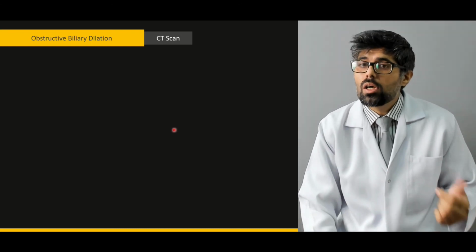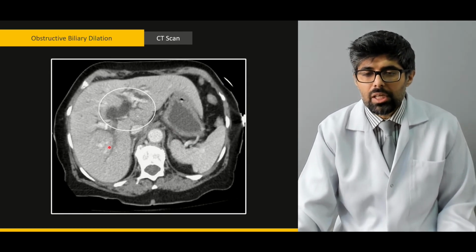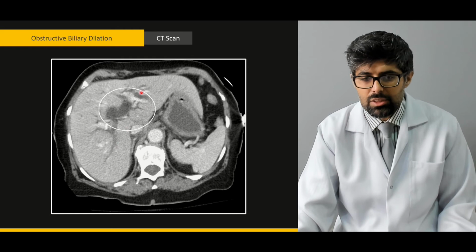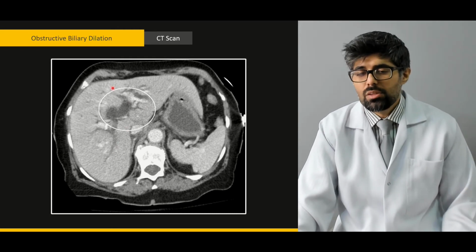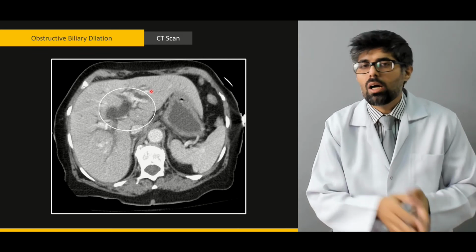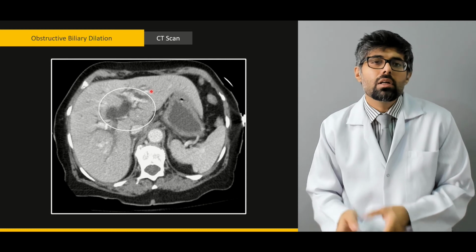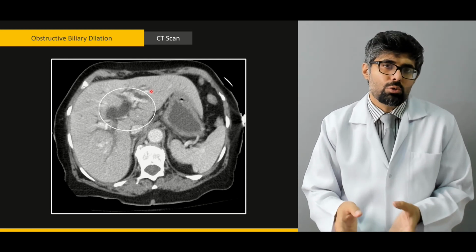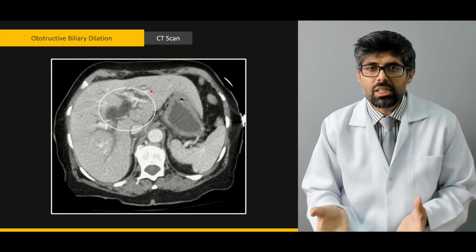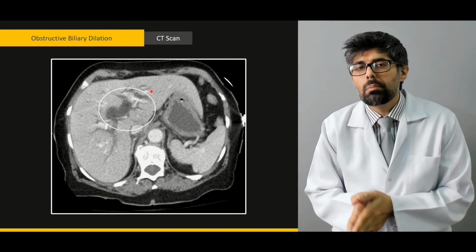But that was on an ultrasound. On a CT scan, this can result in a picture much like this, because biliary dilation can happen both inside the liver and outside. Now, if the dilation is outside the liver, it is usually due to cholelithiasis, that is the gallstones, which have entered the common bile duct.